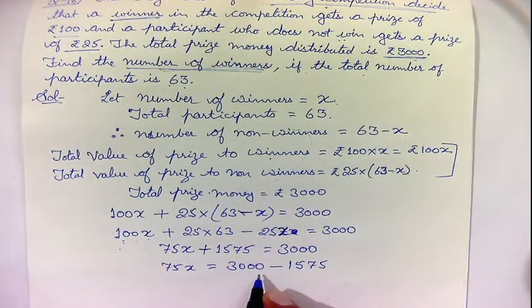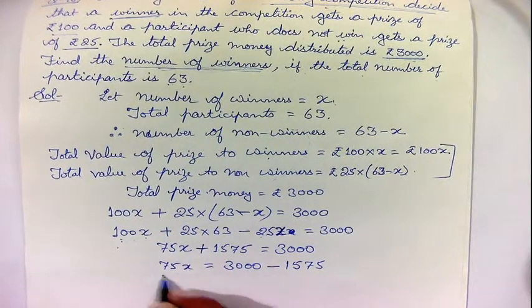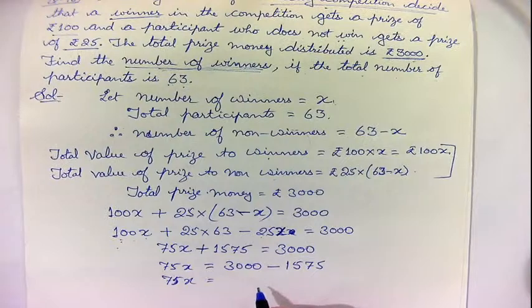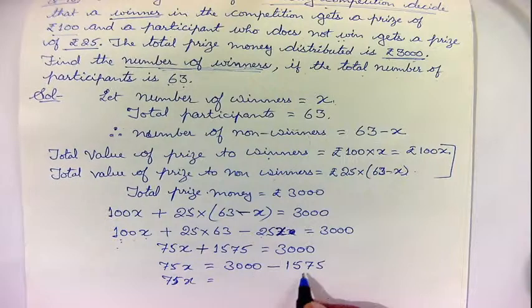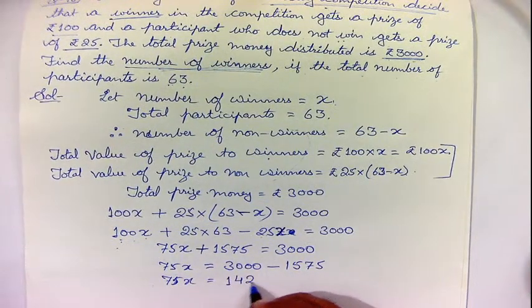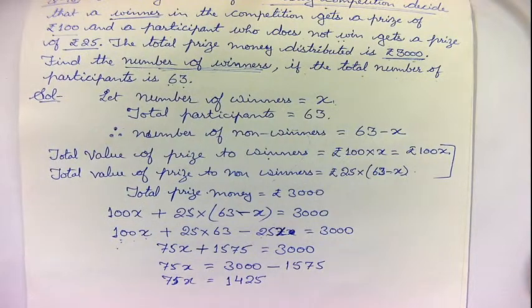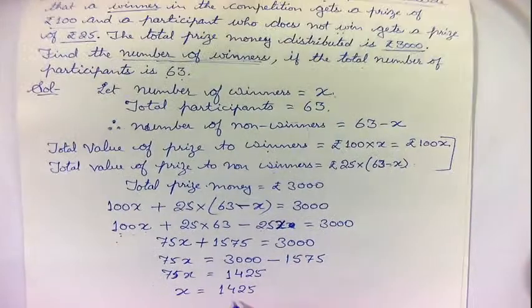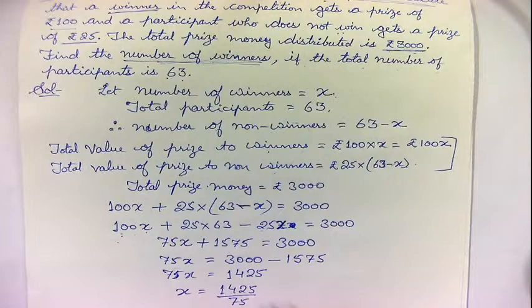What we will do here now, we will subtract it. So 75x equals, now 3000 minus 1575, if you subtract it, you will get 1425. So x equals 1425 divided by 75.